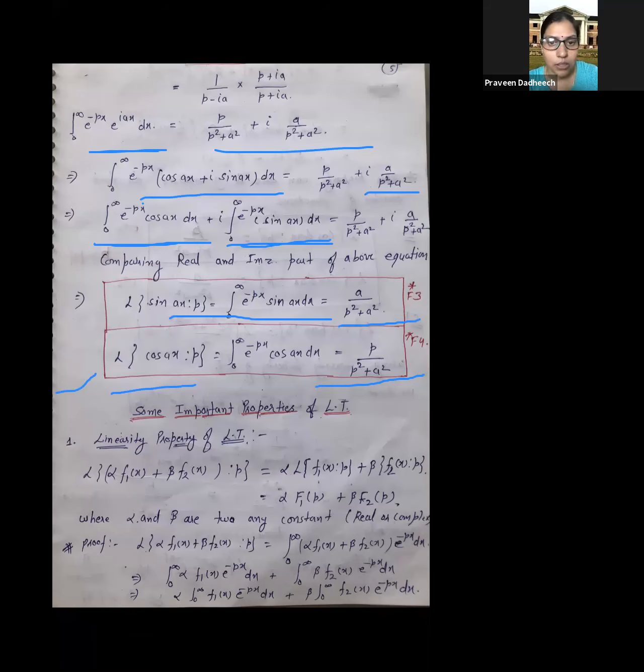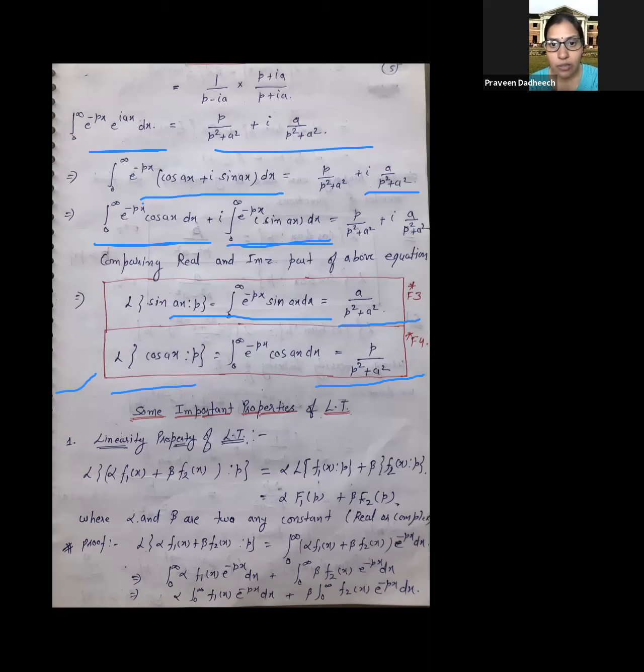We can generalize these formulas: the Laplace transformation of x to the power n equals factorial n, or gamma n plus 1, over p raised to the power n plus 1, where p should be greater than 0.